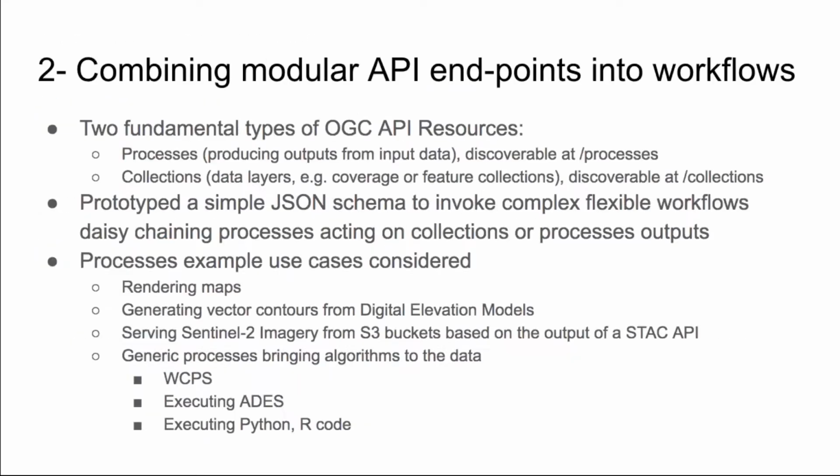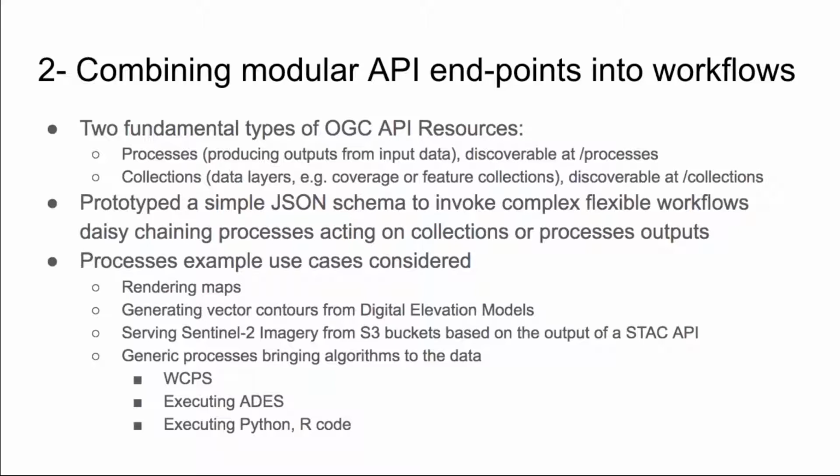What's special about a process is that it takes inputs and outputs something from those inputs. Typically, you could maybe have a process that generates data from nothing, but there's limited use case for that. Most of them will consume some data and produce one or more outputs.